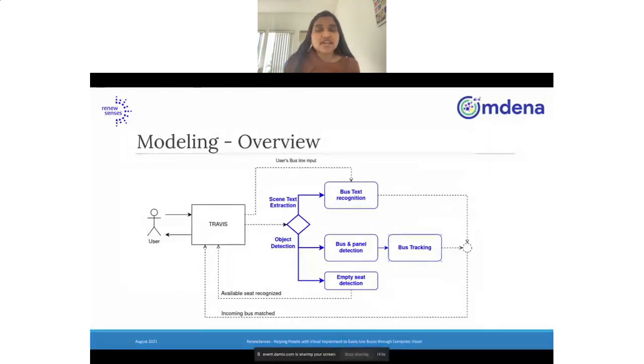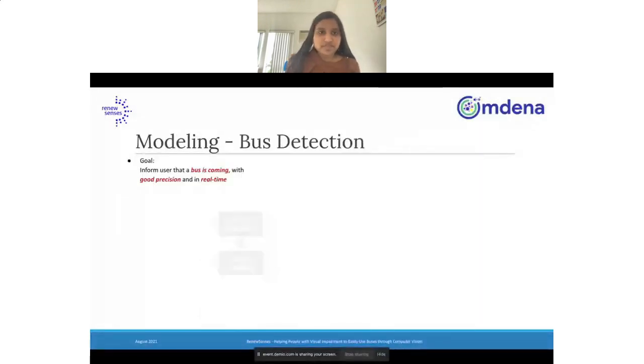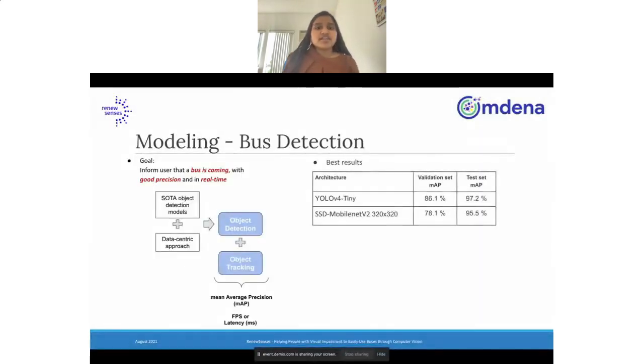And Travis is basically a mobile embedded device, so it works well with MobileNet. It wouldn't work on our virtual machines or similar. So this was our primary goal: we inform the user if the bus is coming with good precision and in real time. Why real time?